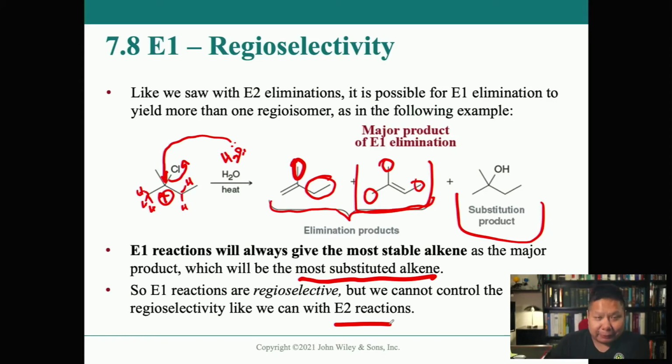If it was streamlined, it would choose the H's from the CH2, and if it was bulky, then it would choose the proton from the methyl group, right? Well, that may be true of an E2 reaction, but as this last line just stated, that's not true of an E1 reaction. It doesn't matter with an E1 reaction which one you use.